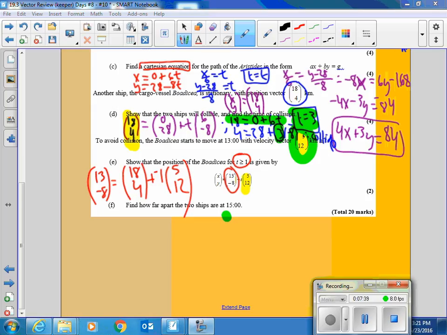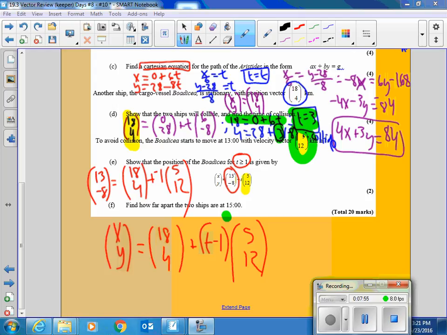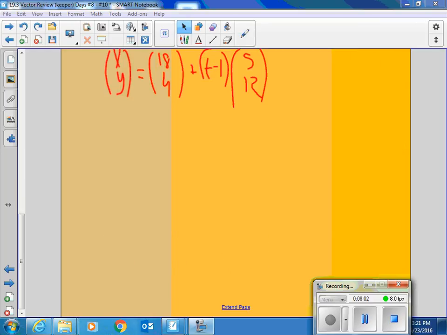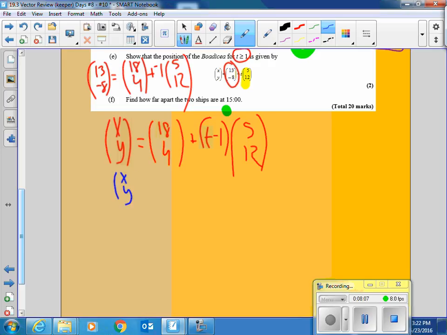So what they're saying here is, here's the way I would have done it. I would have said (x, y) is equal to (18, 4) plus (t minus 1) times (5, 12). That's what I would have done because it's going an hour later. So what they did is, look at the mathematics, how beautiful this is. You have (x, y) is equal to (18, 4) plus t times (5, 12).